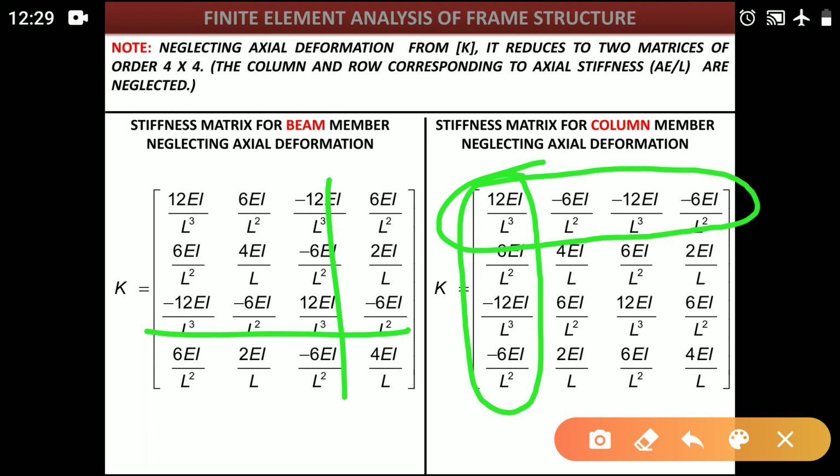The stiffness matrices for beam and column member, all elements are the same; that is the way you have to write. 12 EI upon L cube, 6 EI upon L square, 4 EI upon L, 2 EI upon L. In beam, the minus sign is given to the third row, third column except the intersection, and in column, first row, first column except the intersection.